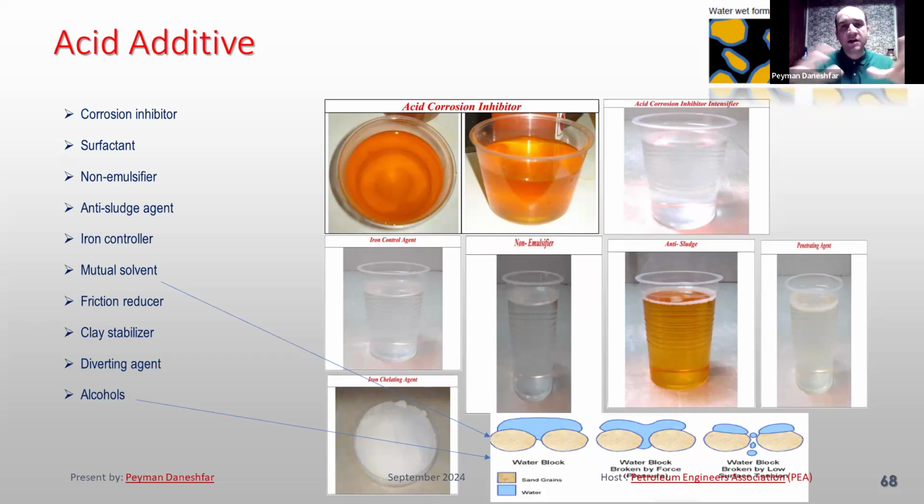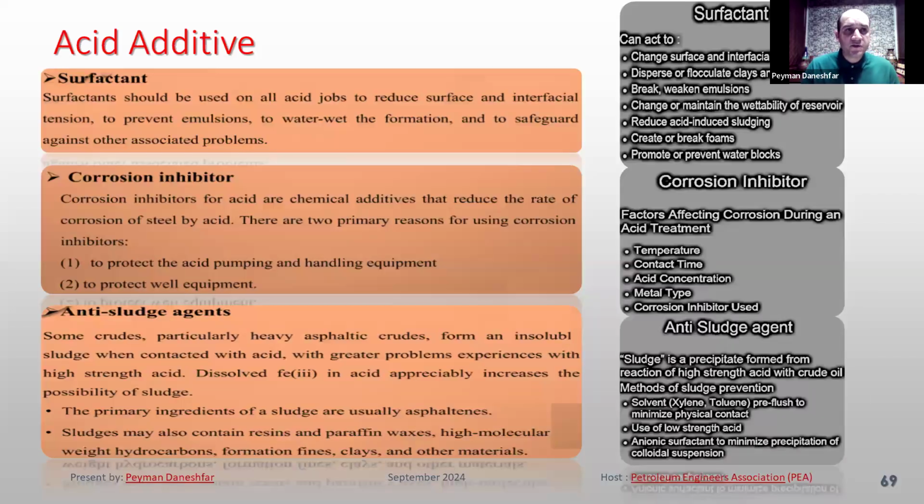These are our additives from our company, but maybe the color will be changed or different for some marketing. Here for the surfactant, I told you before, surfactant should be used for all acids to reduce surface and interfacial tension, to prevent emulsion, and also for water deformation. Corrosion inhibitor, why? Because the acid has a tendency to corrode the pipe and also the completion, so we should use the best dosage of the corrosion inhibitor.